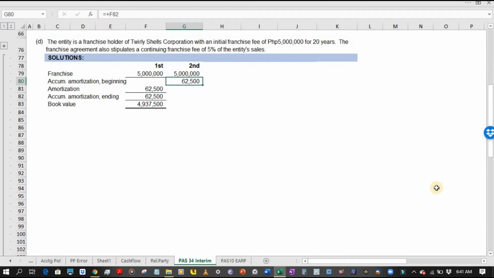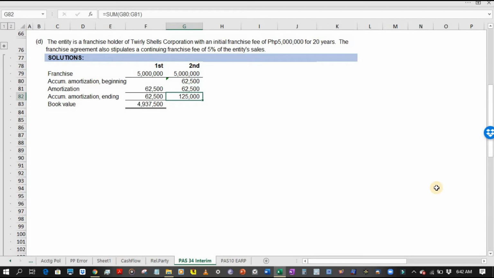And to compute again for the amortization, since the second quarter also covers 3 months, we are going to determine the amortization expense for 3 months, and that will again be 62,500 pesos. So the accumulated amortization at the end of the second quarter is 62,500 beginning plus the current quarter amortization expense of 62,500. So the accumulated amortization ending is 125,000 pesos.